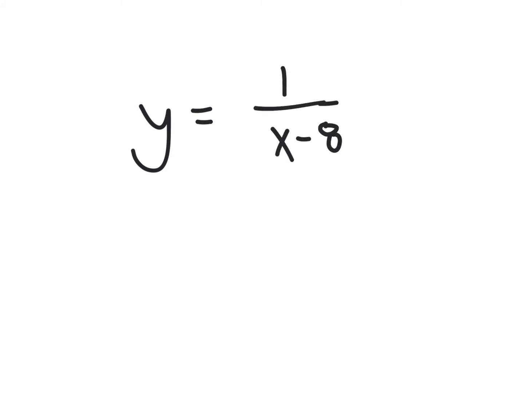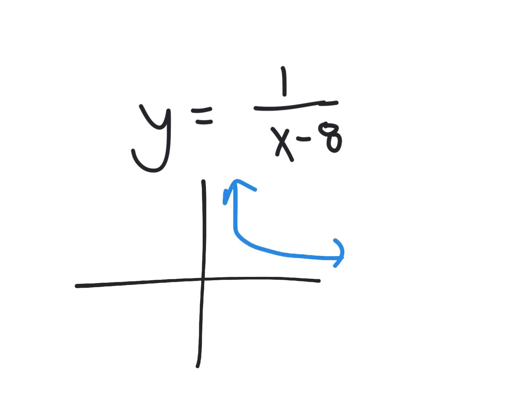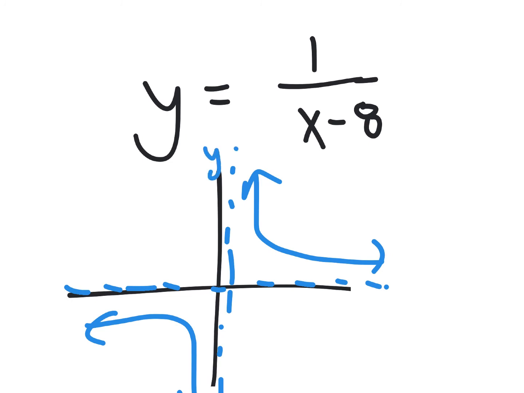Okay, so let's look at one. y equals 1 over x minus 8. That's this parent graph, which would have had asymptotes at 0 for each. This always is confusing. It's the y-axis, so it's x equals 0.